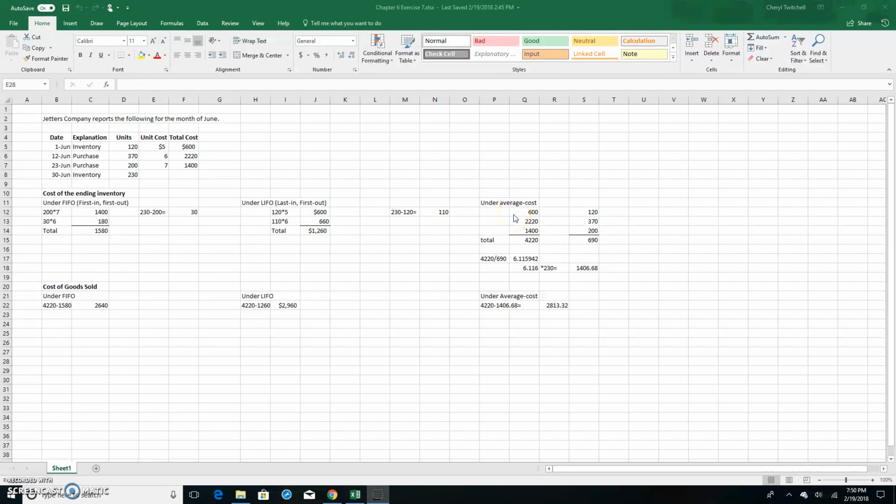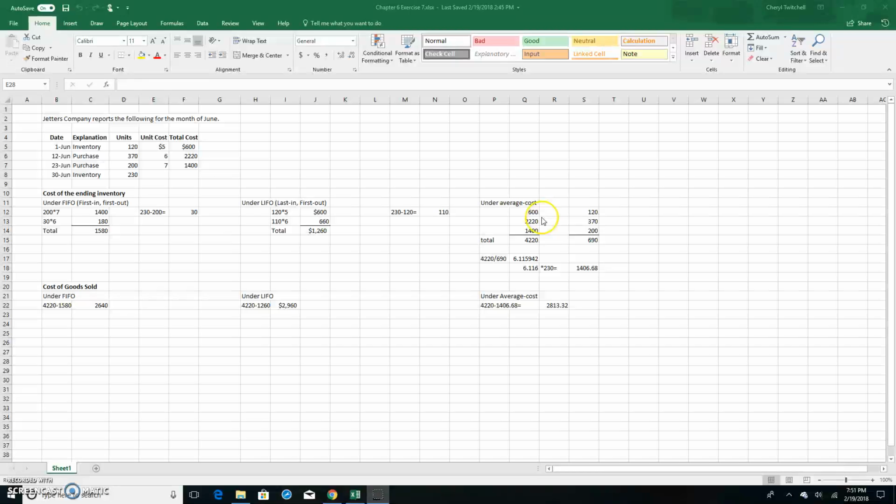Now under average cost, this one's a little different. This one we need to take the weighted average, using the average weighted by the quantities purchased at each unit cost. So basically all I did was we take the total cost here, another way of saying that is the cost of goods available for sale.